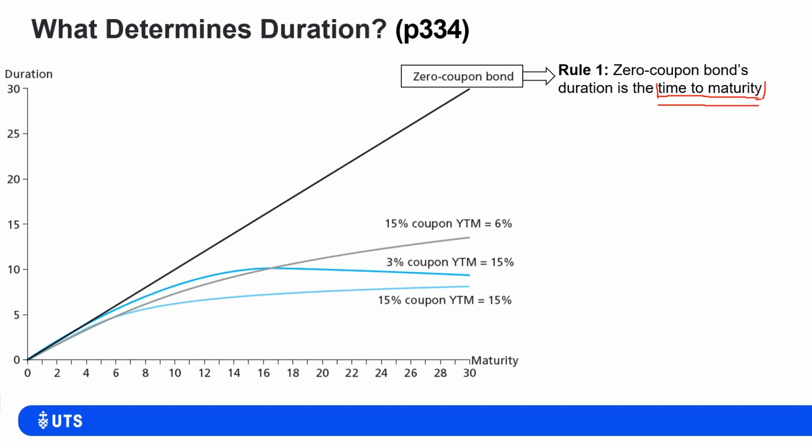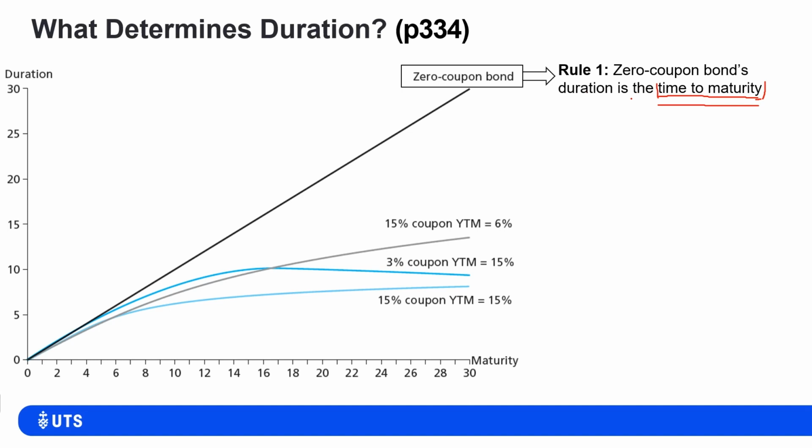For a zero coupon bond, there is only one payment, a lump sum principal payment at the maturity date, so the payment date is the maturity date. The weight placed on this payment is 100%. Therefore, its duration equals 1 times the maturity time, so the duration is just the time to maturity.